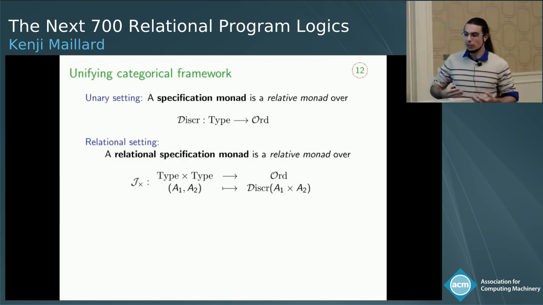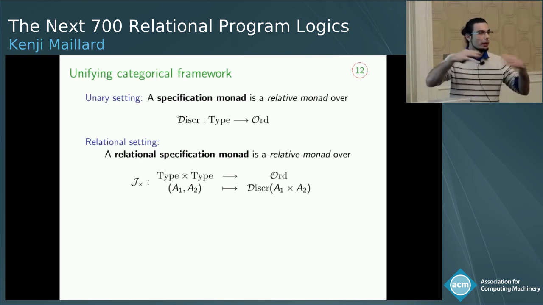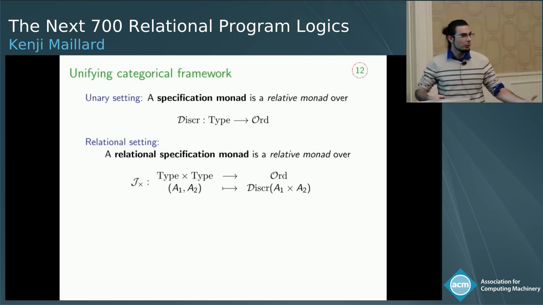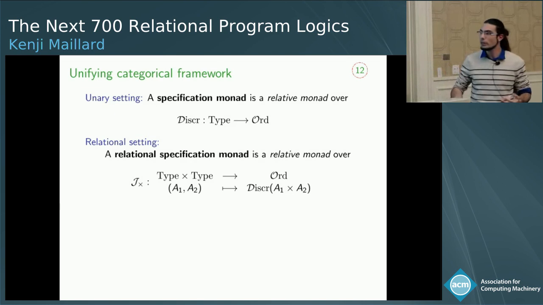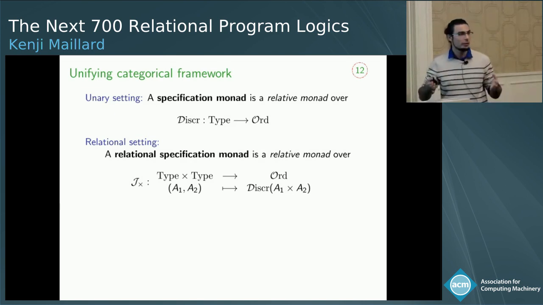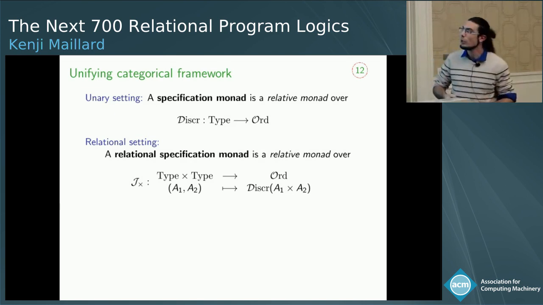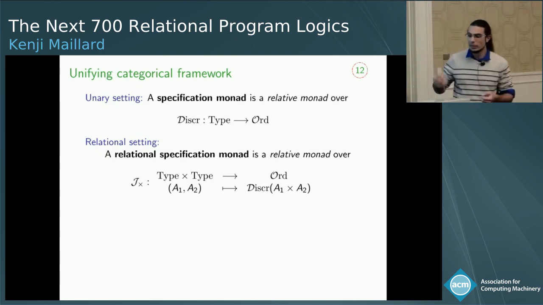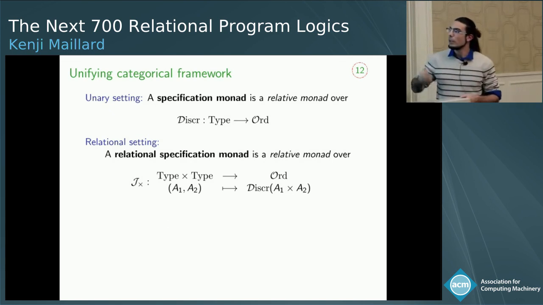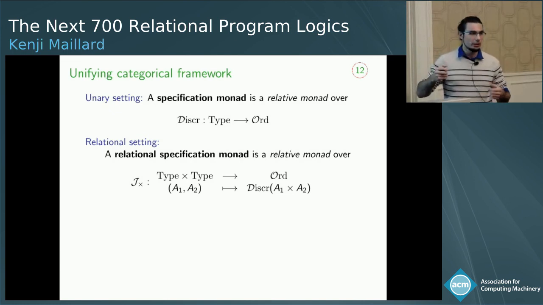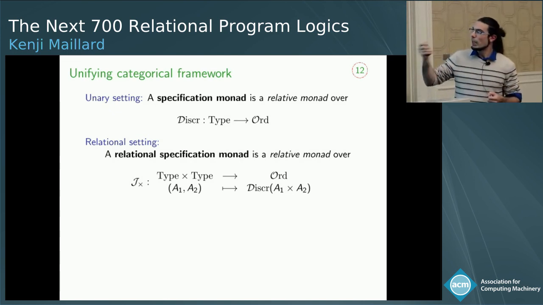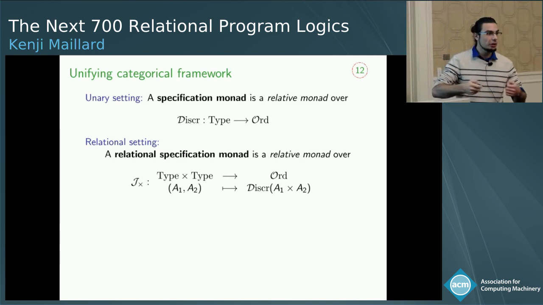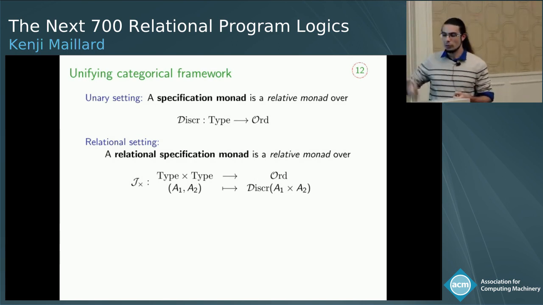the interesting point is that actually I can unify all these simple judgment and refined judgment under one categorical abstract framework, which is that of relative monad. Indeed, in the unary setting, a specification monad is just a relative monad over a discrete functor. In the relational setting, in the simple one, a relational specification monad is just a relative monad over a product.